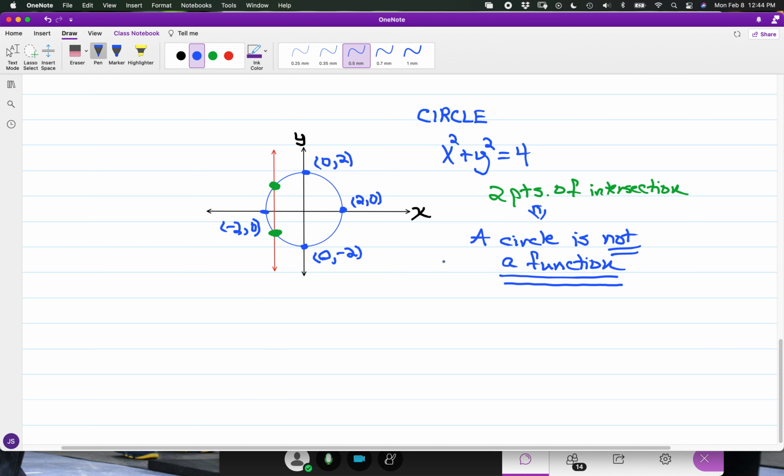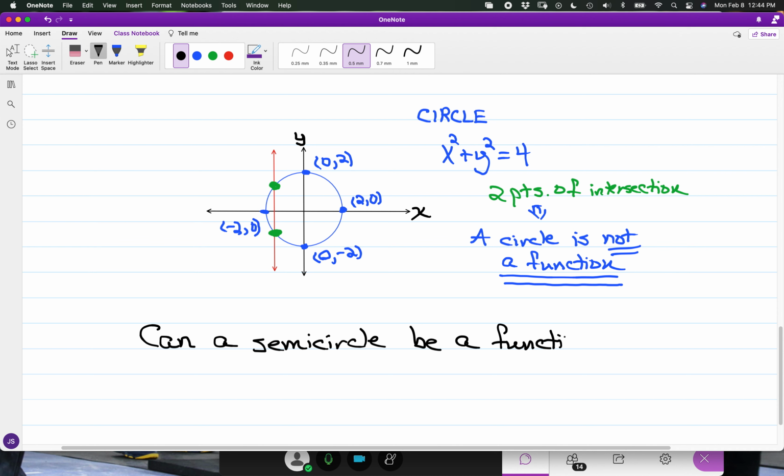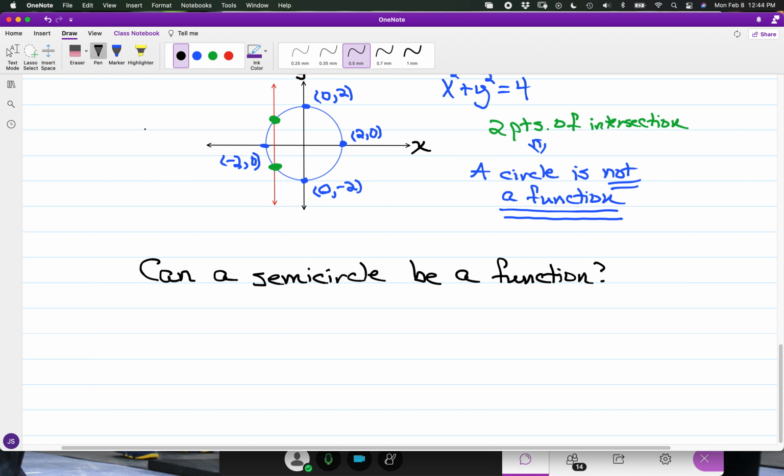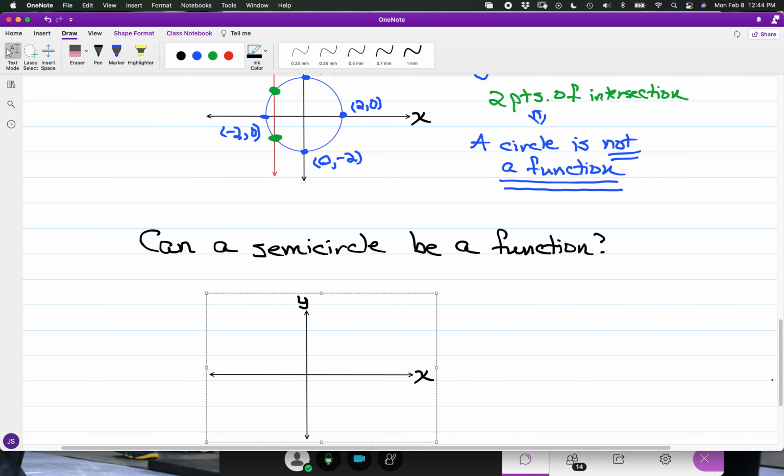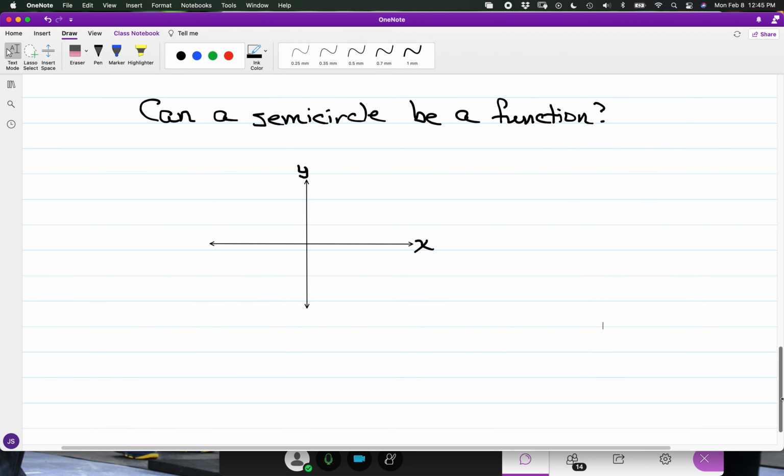Okay, notice you have the upper half of a circle and the bottom half of a circle at the same location x, resulting in 2 points of intersection. And you might pose a question now: can you take half a circle? In other words, can a semicircle be a function? In this particular case, we have a semicircle, and we'll take maybe the upper half.